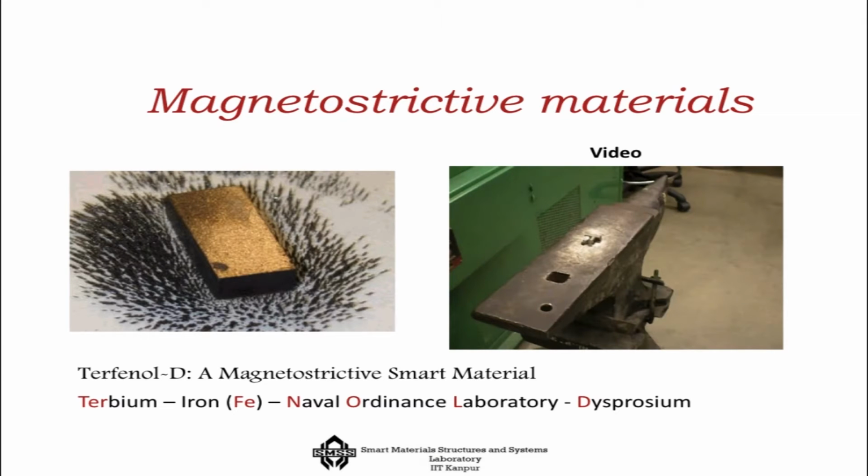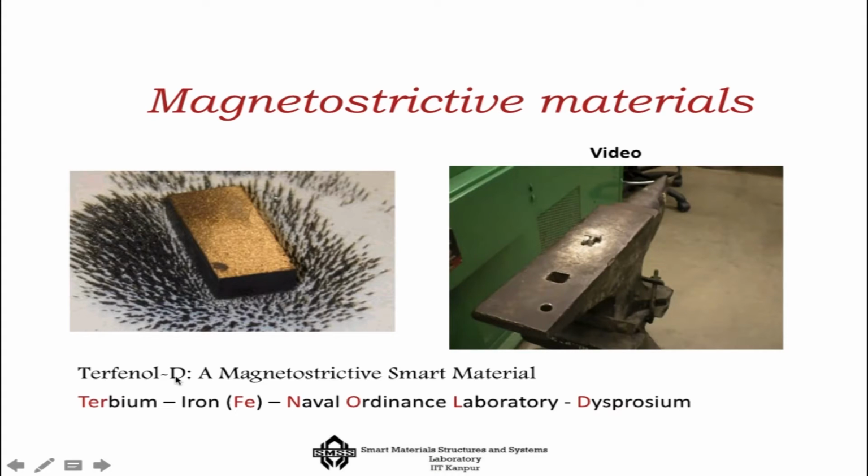Now, if we look into the availability of magnetostrictive materials, we will see that one of the most popular magnetostrictive materials is Terfenol-D, which is made of rare earth material called terbium and iron, that is the Fe, and it was first developed in the Naval Ordnance Laboratory, so that's how the name comes.